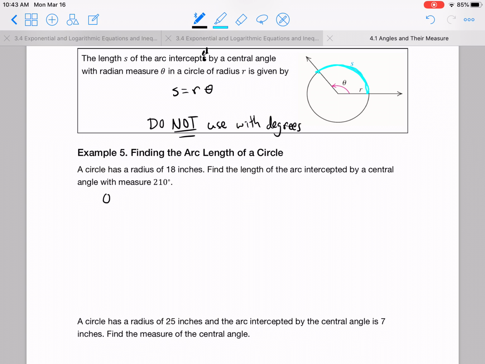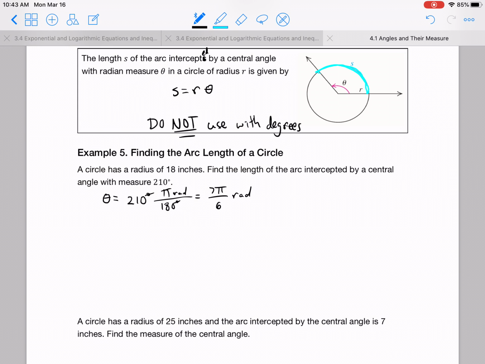So what we want to do is say that theta equals 210 degrees, and we're going to convert that into radians. So we'll put pi radians on the top. That's what we're going to. And 180 degrees on the bottom. That's what we're getting rid of. We're getting rid of the degrees. So those will cancel, and you end up with 7 pi over 6 radians.